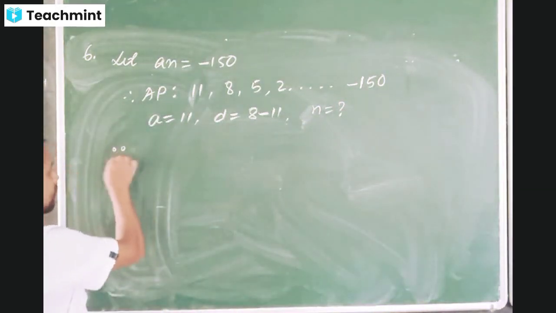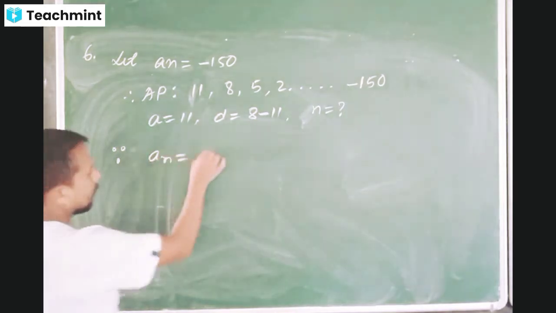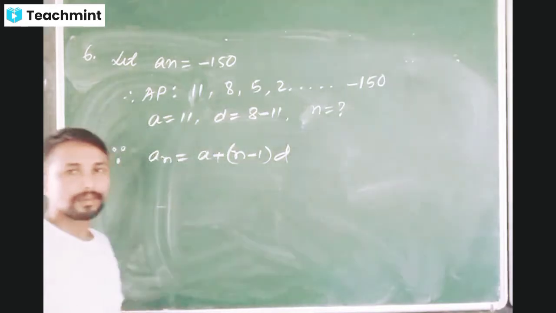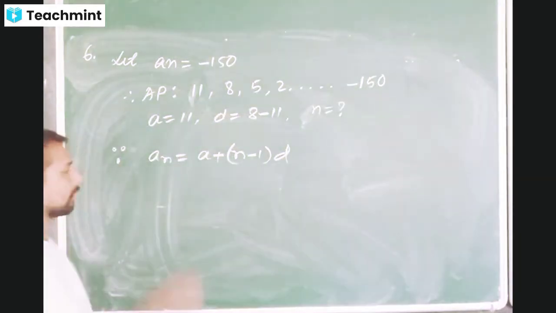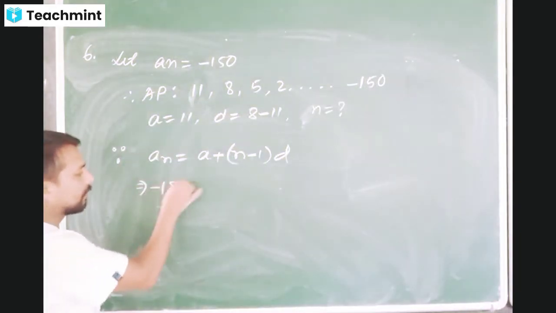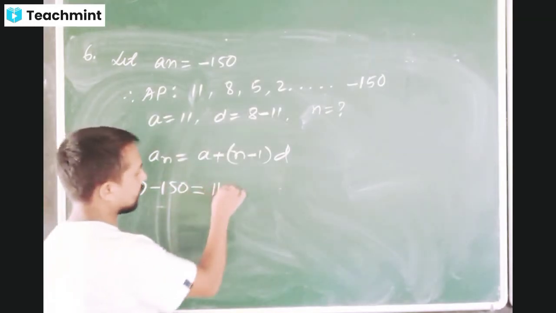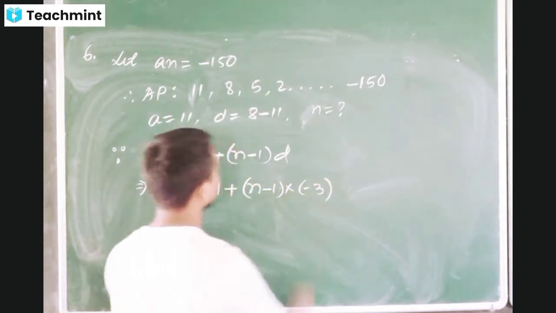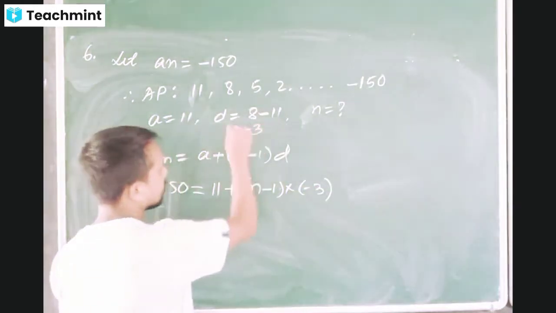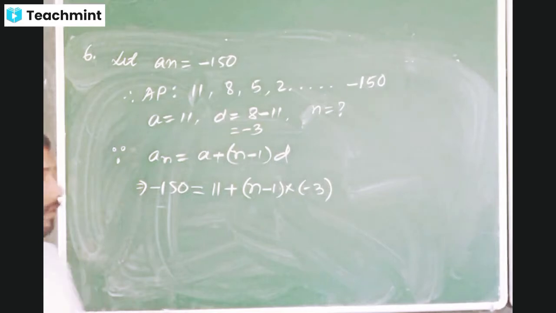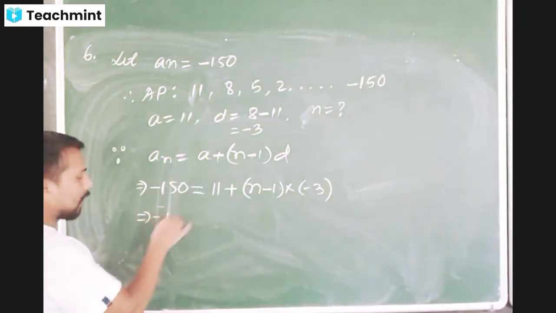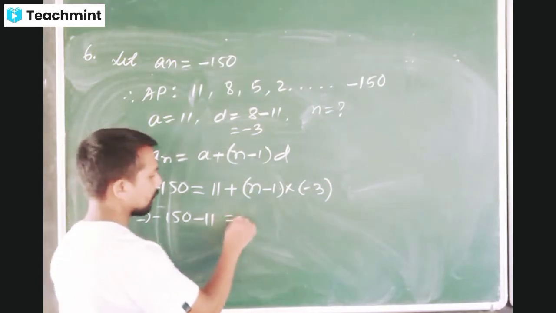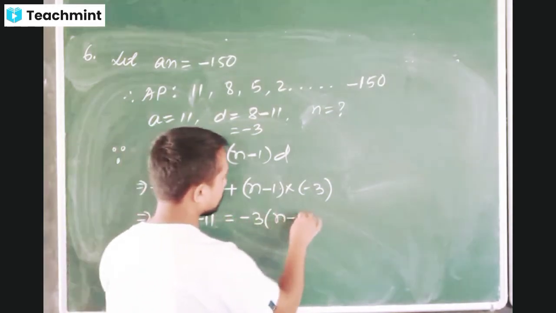Since a_n equals a plus n minus 1 into d. The a_n value is minus 150, a value is 11, plus n minus 1, d value is minus 3. Minus 150 minus 11 equals minus 3 into n minus 1.